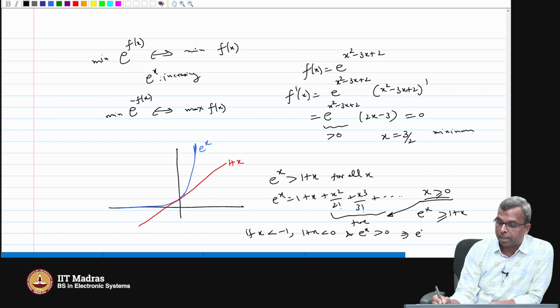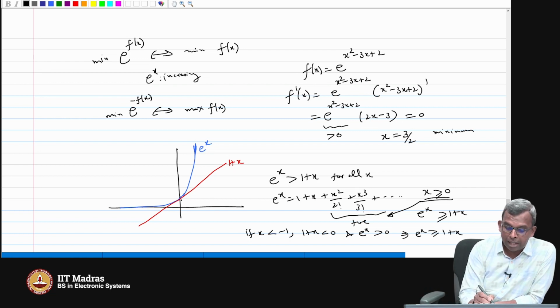So, that implies e power x is greater than or equal to 1 plus x. That is also easy, right. So, this part is easy, this part is also easy. Do you see that? So, the tricky part is only this part lying between x equals minus 1 and 0.